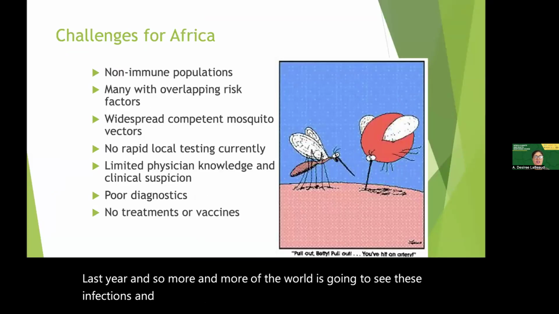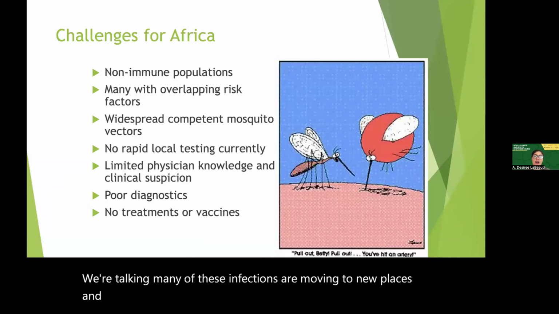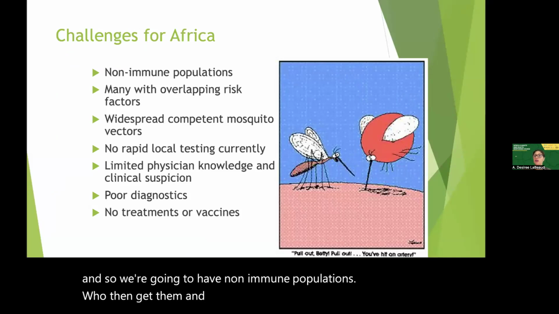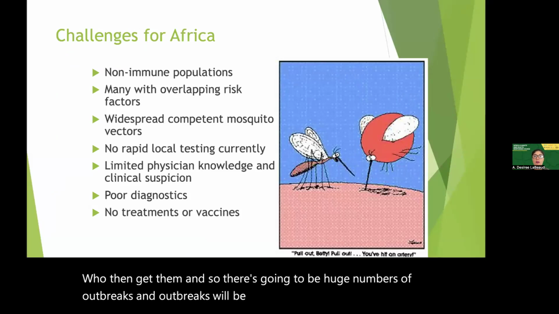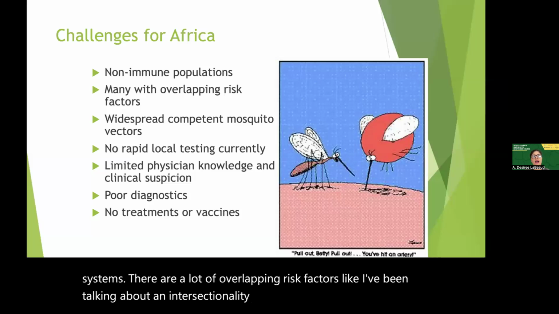And so there are a lot of challenges here. Many of these infections are moving to new places. And so we're going to have non-immune populations who then get them. And so there's going to be huge numbers of outbreaks, and the outbreaks will be large, which can overwhelm health systems. There are a lot of overlapping risk factors, like I've been talking about, and intersectionality with poverty. There are many widespread competent mosquito vectors.